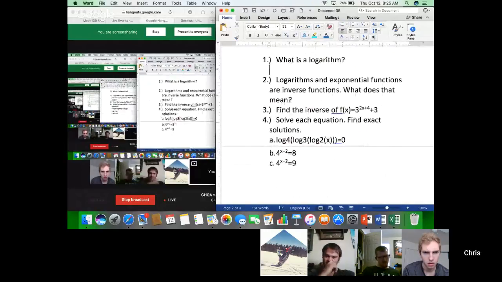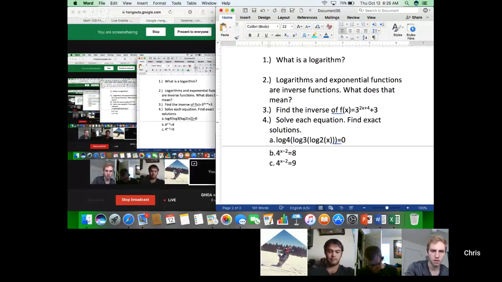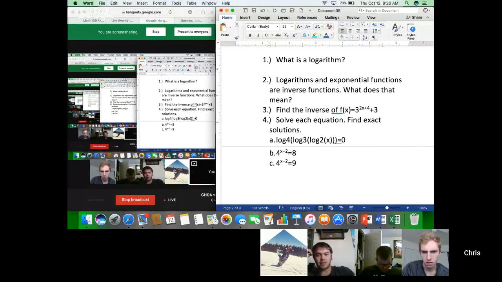This is logarithm. Logarithm is... So in Google, it says logarithm is a quantity representing the power to which a fixed number must be raised to produce a given number.